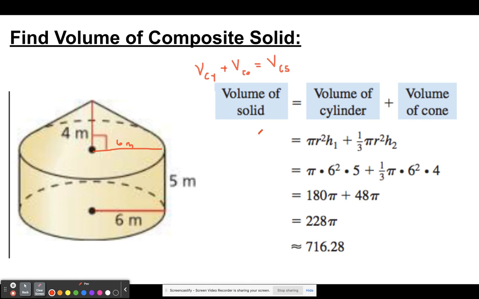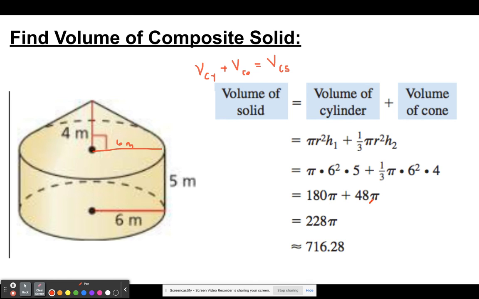Okay, so I have my r value is 6, and then I know the height of my cone. It's given as 4 meters. So I have 1/3 times pi times my radius of 6 squared times my height of 4 meters. And when you multiply 1/3 times 36 times 4, you end up with 48, and then the pi.